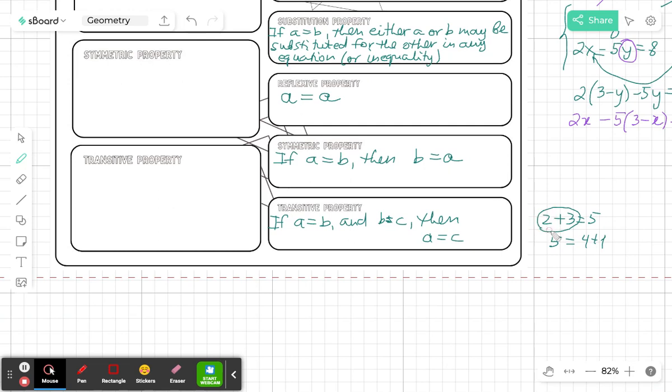So my A is going to be 2 plus 3, and then C is 4 plus 1, kind of, right? And then B is 5, it's the same. So then I can say that 2 plus 3 is the same as 4 plus 1. So in this case, A is not just a single number, it's a sum of numbers, but nobody said here that it has to be a number. It can be any expression.